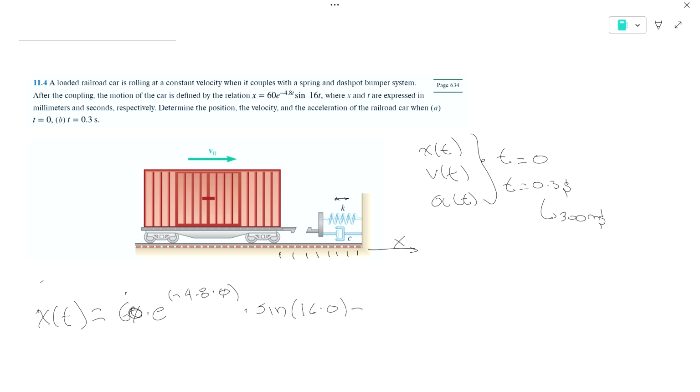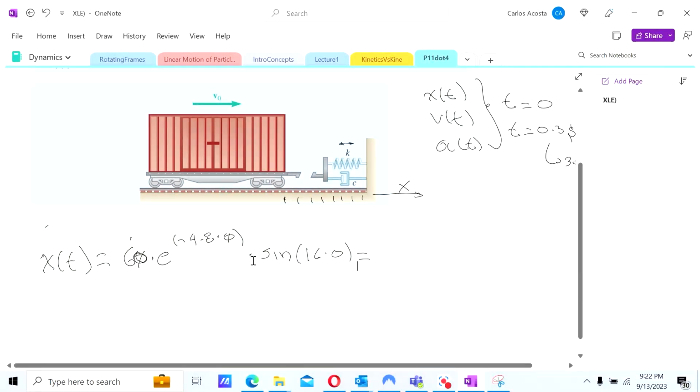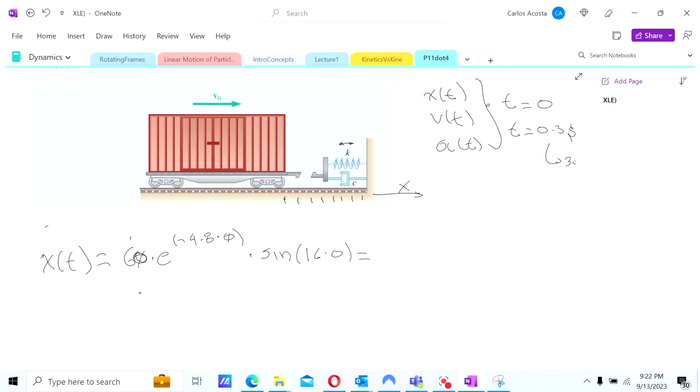So let's use the calculator, and we will be able to see that we are multiplying 60 times e to the 0 times sine 0.